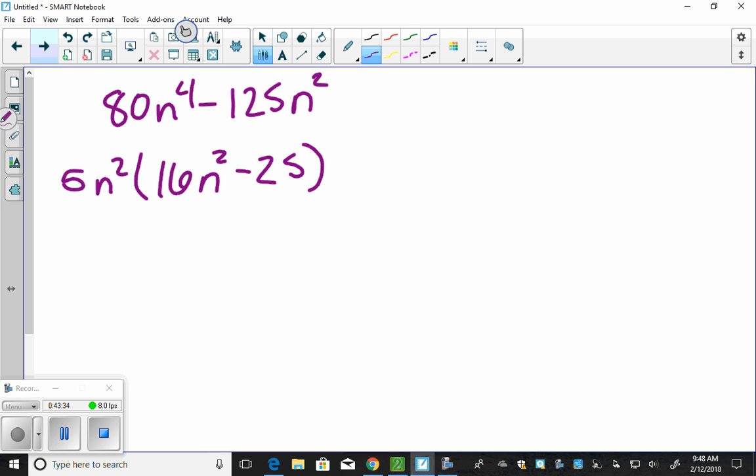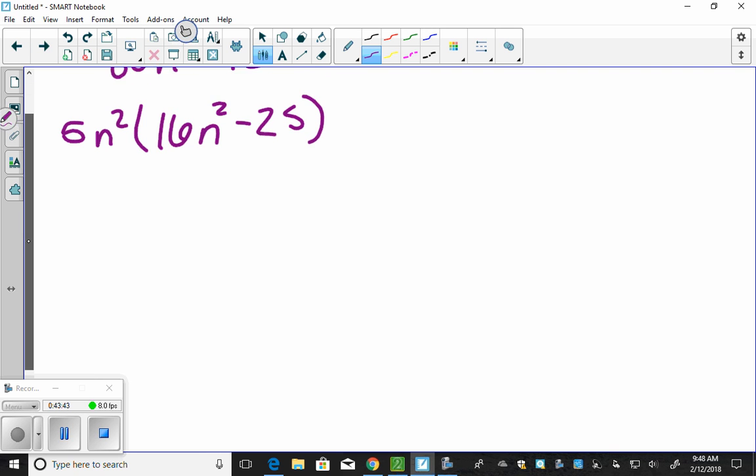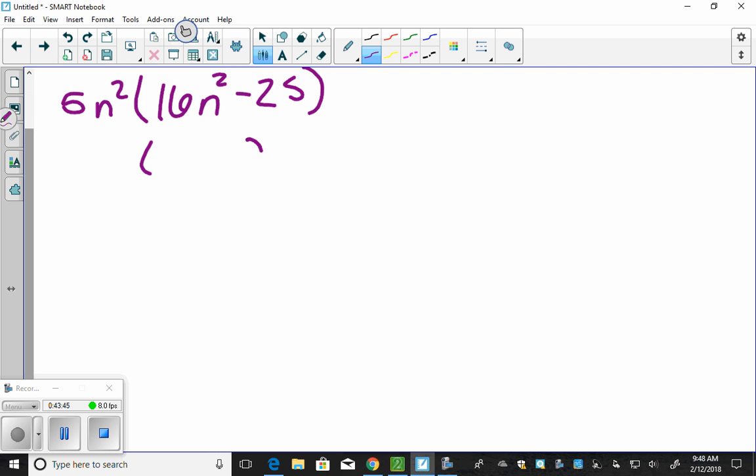Is that a difference of squares? Mm-hmm. Because 16 is a perfect square. What do I multiply or square to get 16? 4n. 4n minus. What about 25? 5. What goes in front?